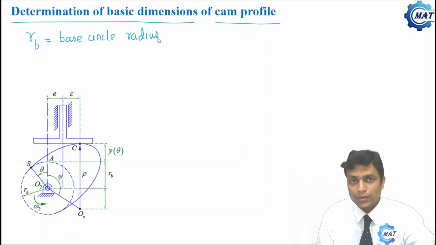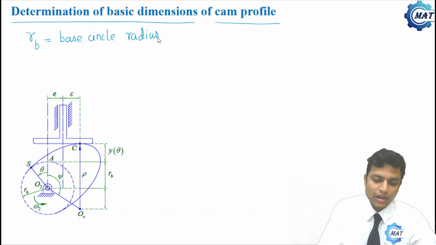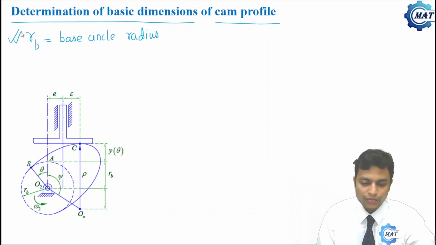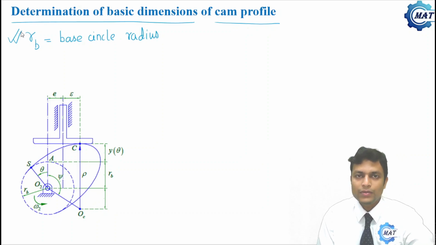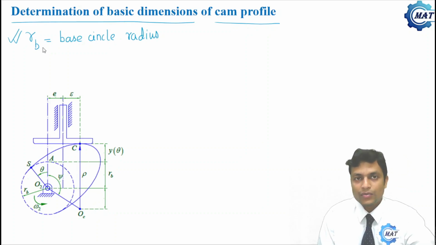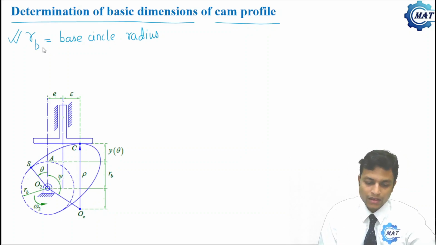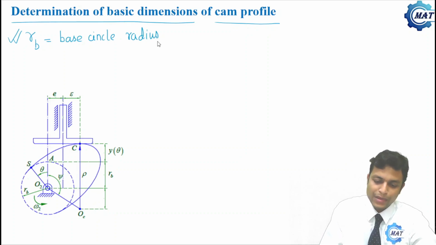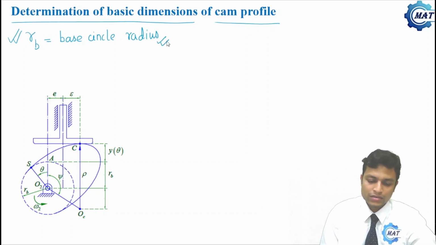Now the objective of the designer will be to choose a minimum value of RB, because if we choose a small value of RB, then the cam profile will be very compact. But we cannot choose RB arbitrarily. So there is a minimum value of RB which is required, so we have to determine the minimum value of RB.